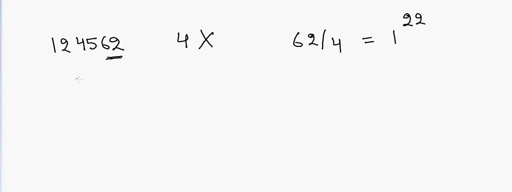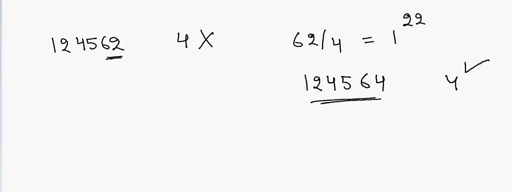So how can I modify this number? If I change the ending, making it 124564, then this number should be evenly divisible by 4. And I can modify this number in any way. I can write 432164, then again it is divisible by 4.